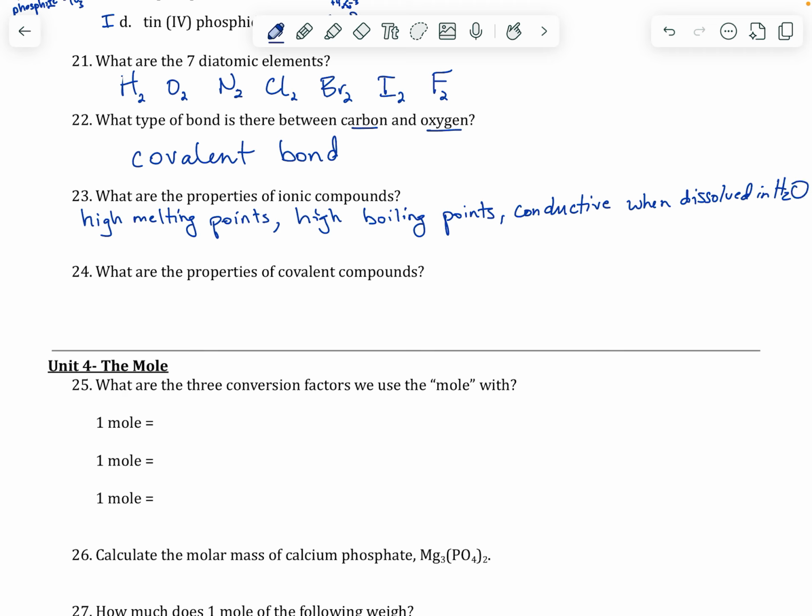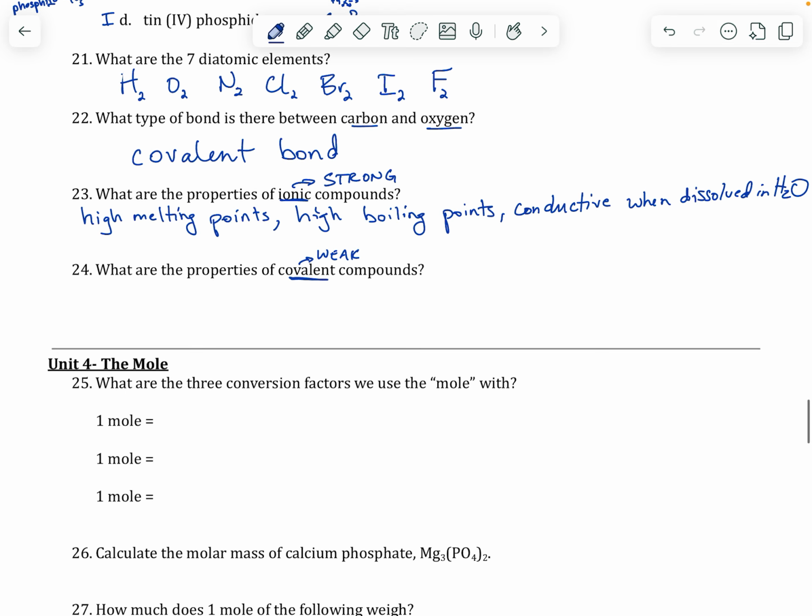That's because ionics are strong. Whereas covalents, you can have polar covalents, which are strong as well relative to other covalent bond types. In this case, if we're comparing these two types of bonds, we would consider these covalent compounds weak, which then effectively makes everything opposite, right?